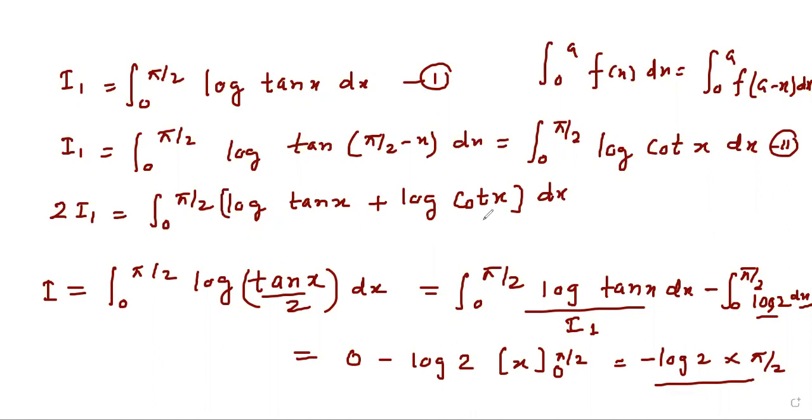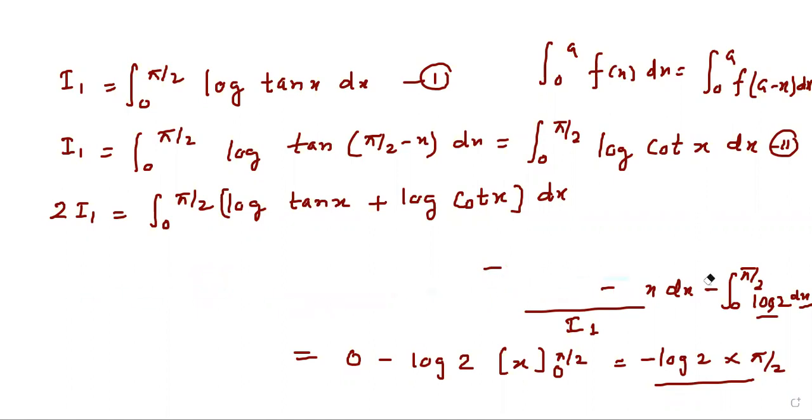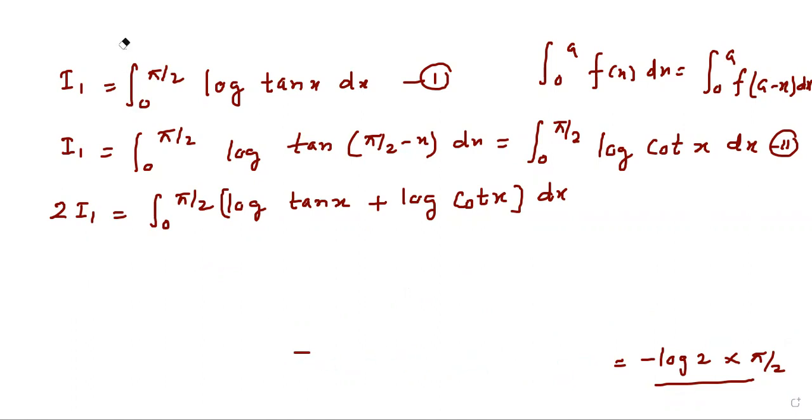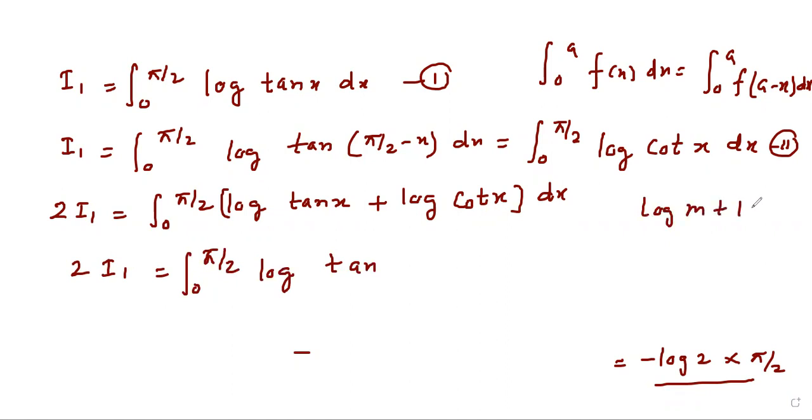Using the property log m plus log n equal to log of m into n, we will get 2I1 equal to integral 0 to pi by 2 of log of tan x multiplied by cot x dx.